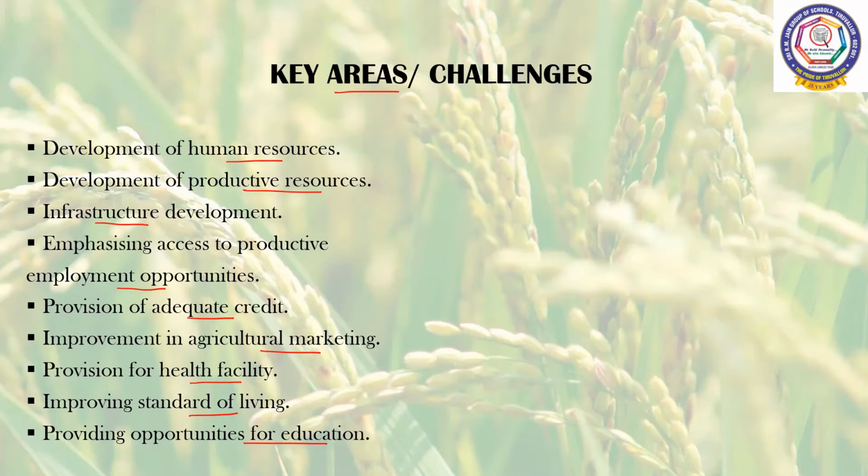So, the government has to open up schools in rural areas, and that would lead to the overall development of the socio-economic conditions of the people. All these key areas should be focused on for development in rural areas. Hence, focus on rural development is indeed very important and vital for a nation's development.